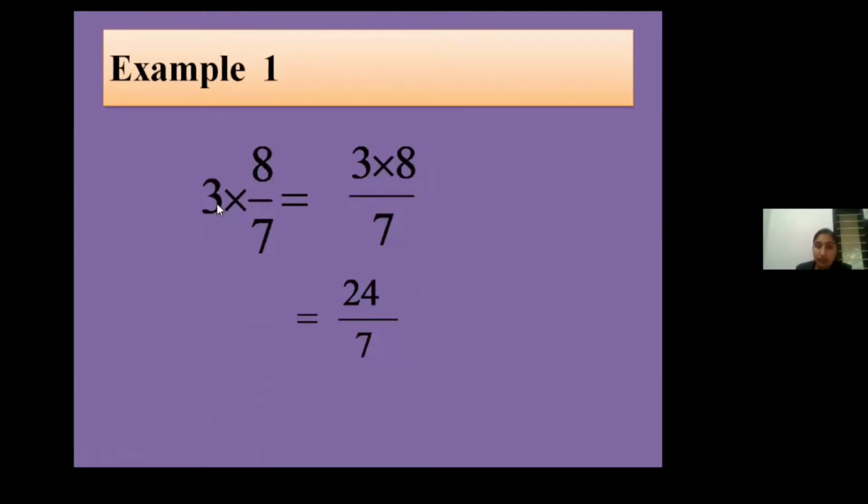To multiply a whole number with a fraction, we multiply the whole number with the numerator, that is 3 into 8 by 7. 3 into 8 is 24, so the answer is 24 by 7. Okay.